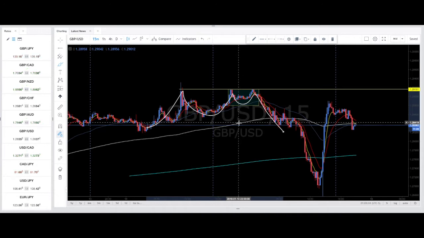So in this particular case with the pound pairs, we had 3 hits to the hive yesterday, and they all failed. We ended up getting an M formation here during Asia, and the second leg of it was a railroad track. So I got into that trade right away.